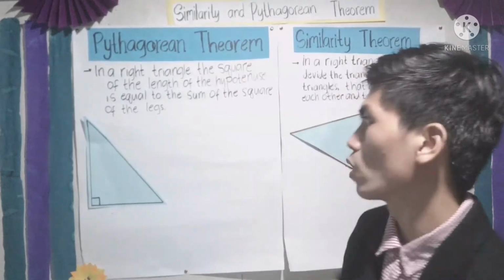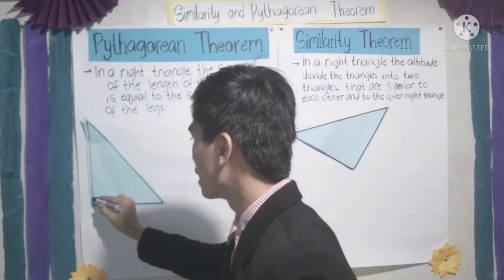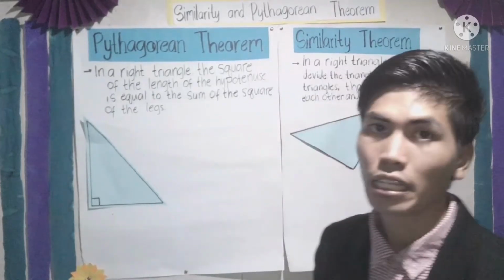This is a right triangle because it has a 90 degree angle here.